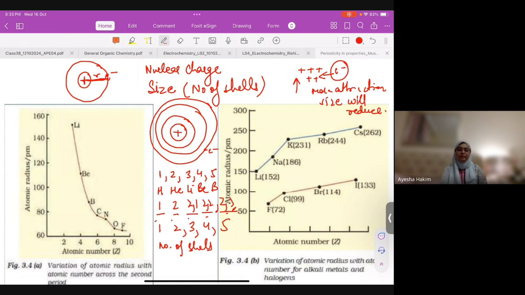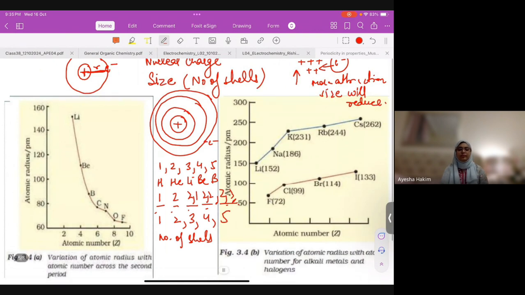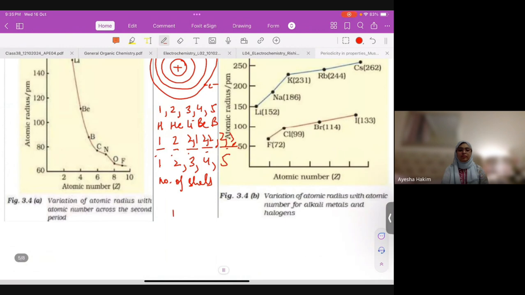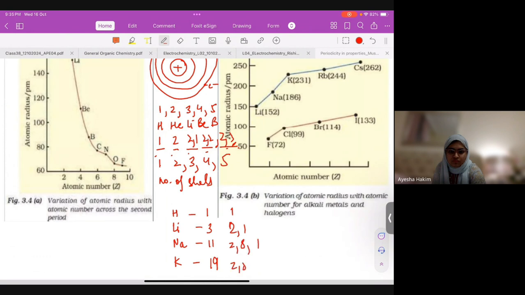But for example, if I take hydrogen, lithium, sodium, potassium in a group, having atomic numbers 1, 3, 11, 19, I will have 1 shell here, then 2, 1, then 2, 8, 1, then 2, 8, 8, 1.